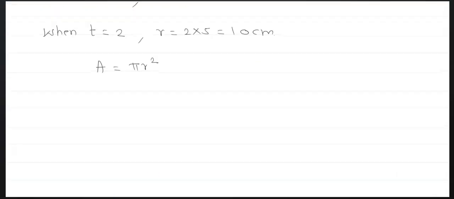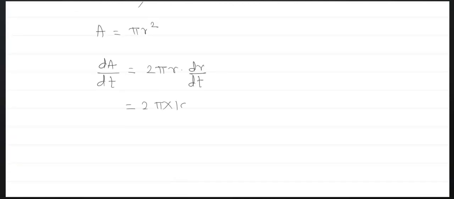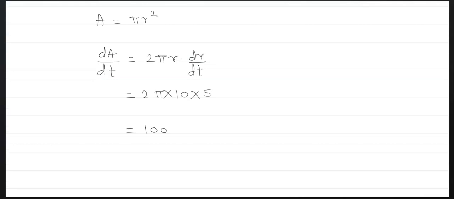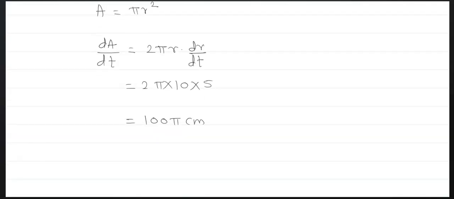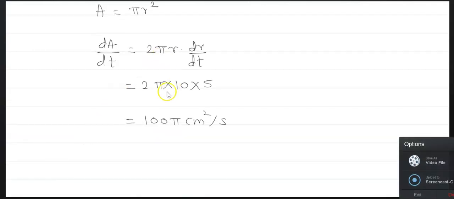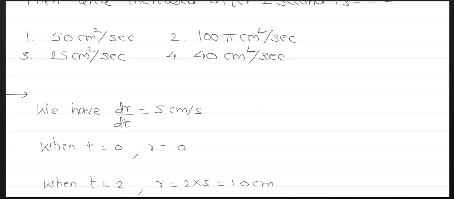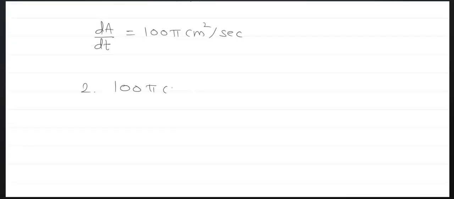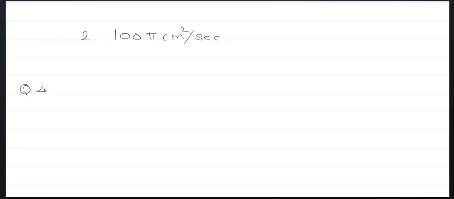Therefore, A is equal to pi r square. dA upon dt is equal to 2 pi r into dr upon dt. Substitute the values: 2 pi into 10, dr upon dt is equal to 5. Therefore, 100 pi centimeter square per second.